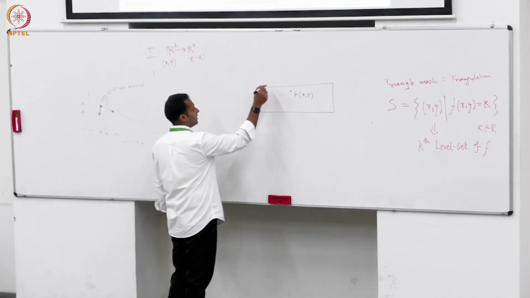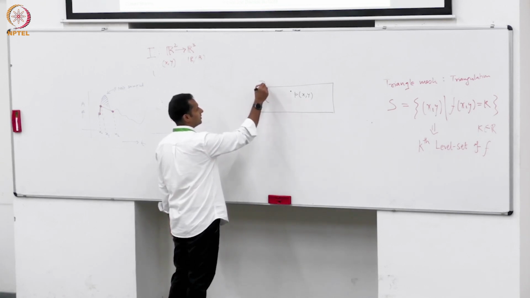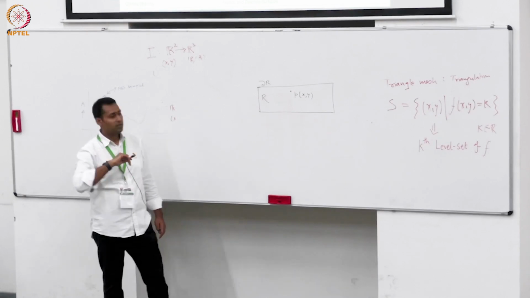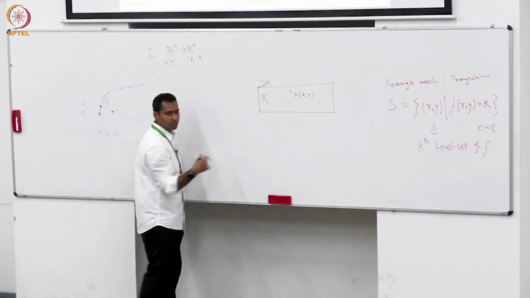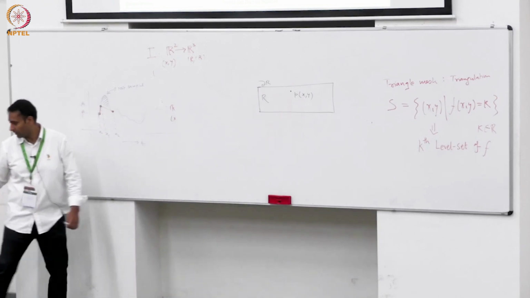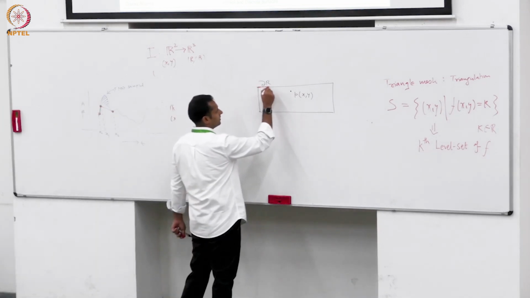So if this is my rectangle R, its boundary is denoted as partial R. When you read partial R, that means the boundary of the shape. Let me put this in red.